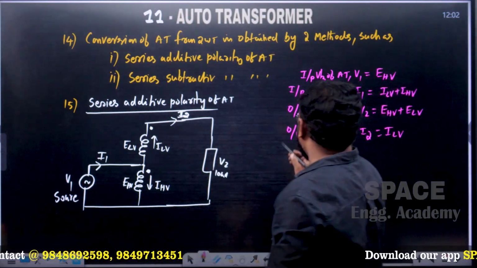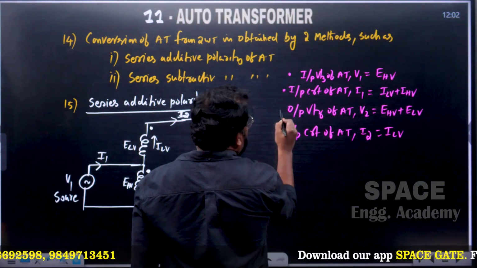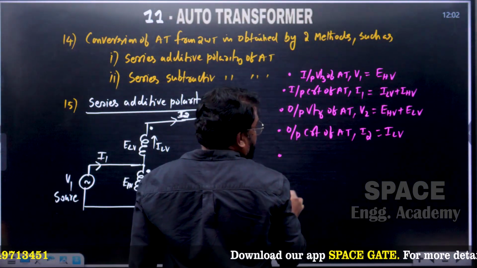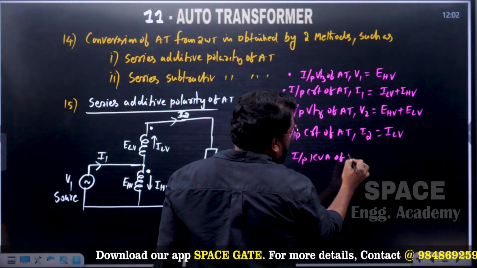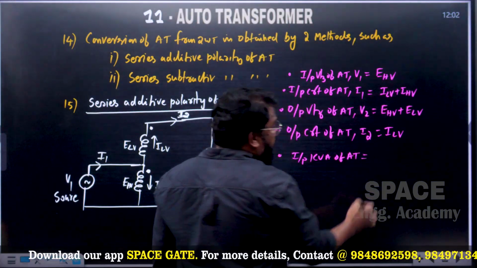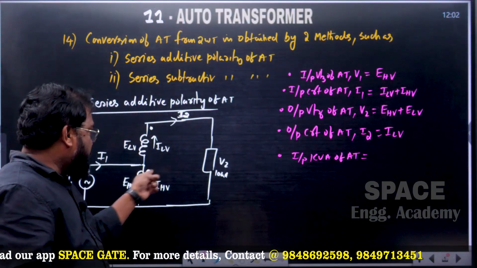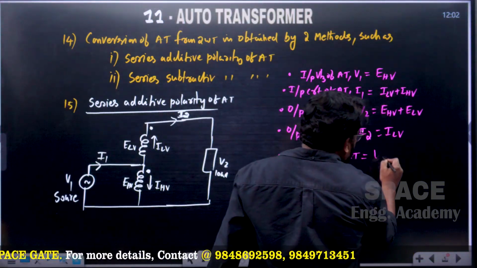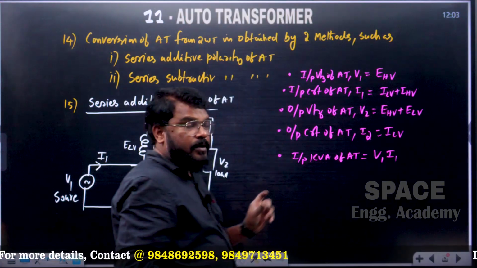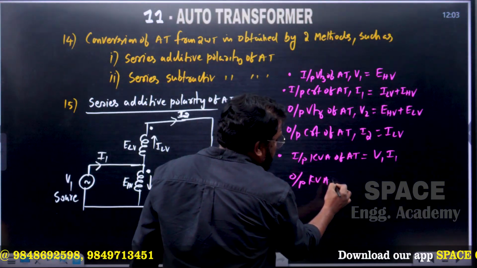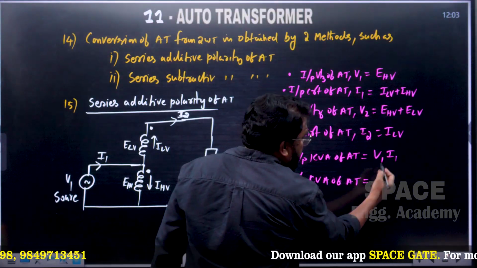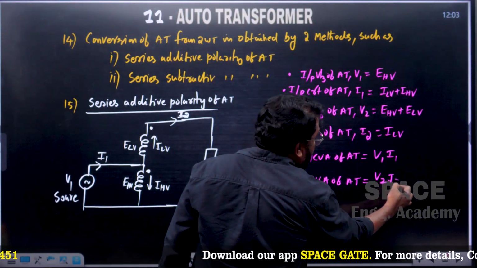From here, this one is the input voltage, and how do we get the input kVA of the auto transformer? Input kVA is equal to V1 multiplied by I1. Next, the output kVA of the auto transformer is equal to V2 multiplied by I2.